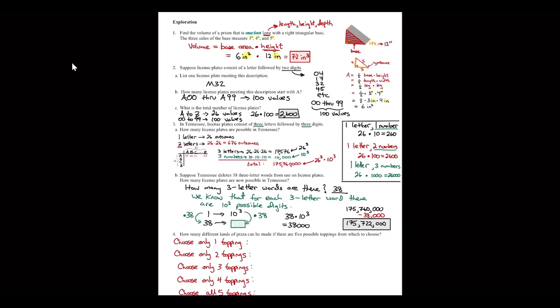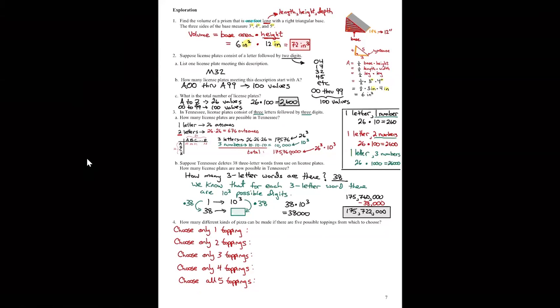All right. So when you think about the different ways in which you can choose your toppings, there's a lot of conversations that could happen here. And I'll tell you that this concept is something that even older students struggle with.